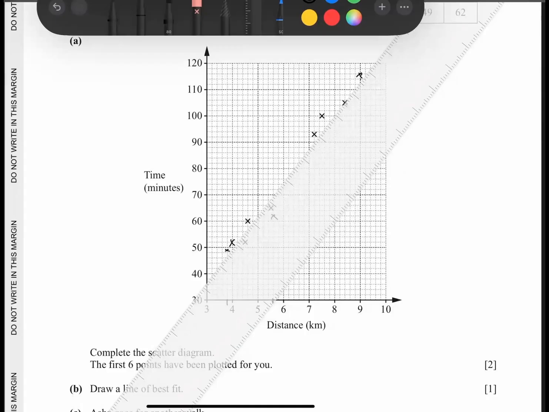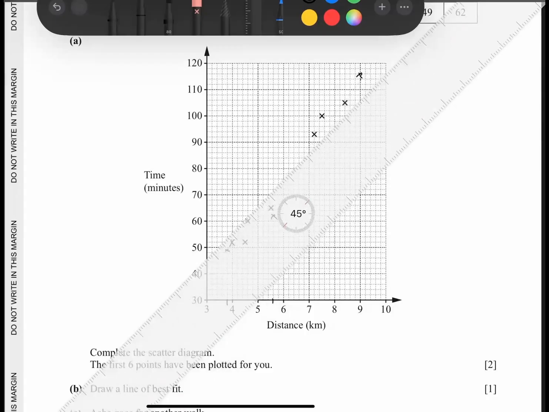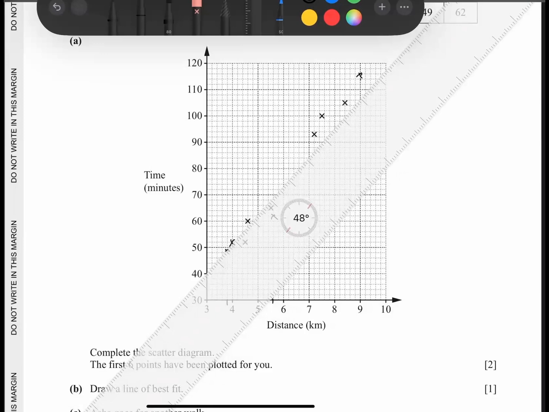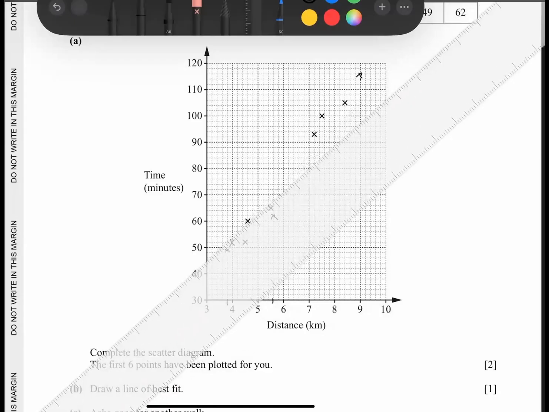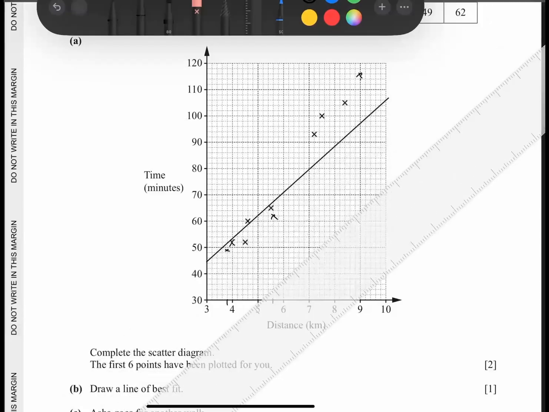So five above, five below. So we have 5 points above and 5 points below.